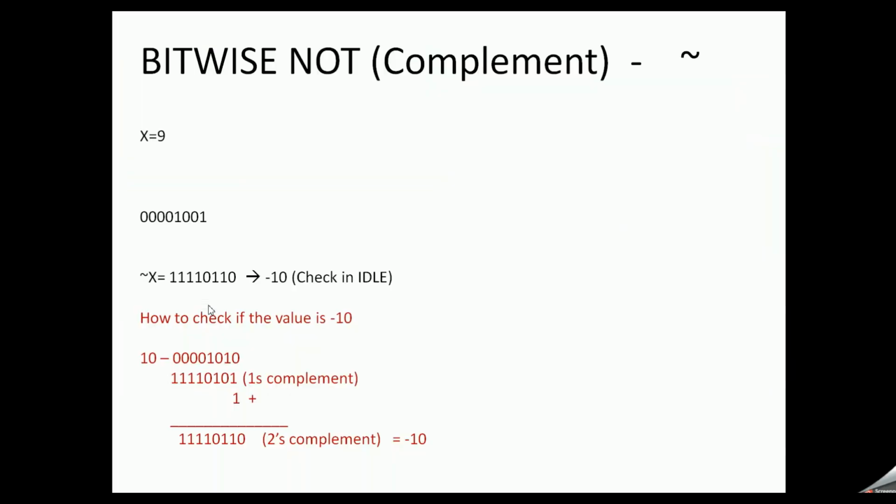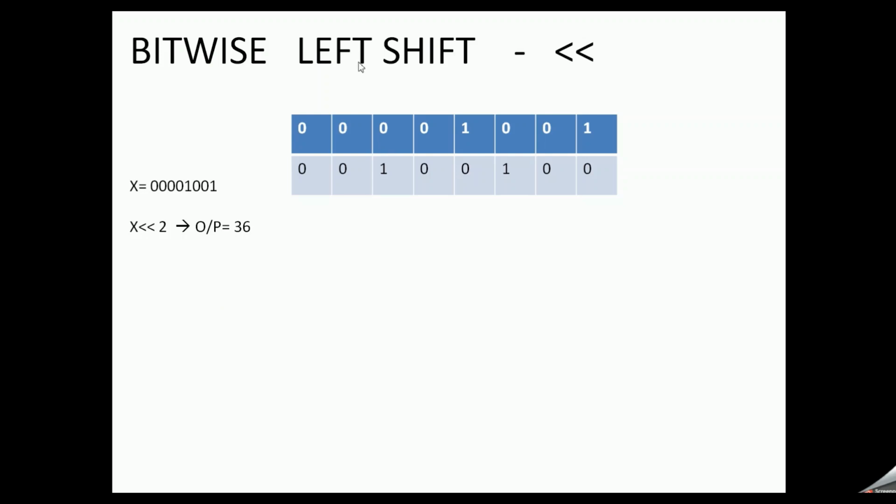Now let's move on to the next one, which is bitwise left shift. Suppose my x is having the value 9. This is the binary representation of 9, that is nothing but 0, 0, 0, 0, 1, 0, 0, 1.